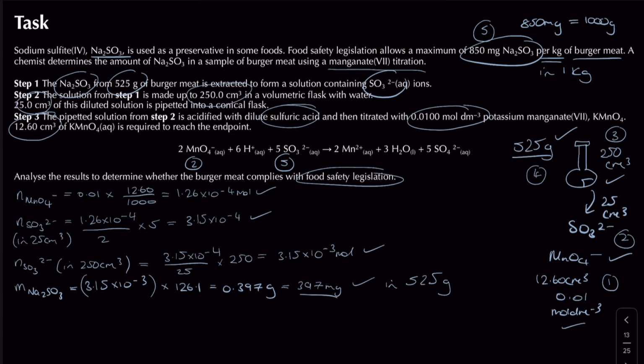Now, if I were to find the actual mass value of sodium sulfite in 1 kg or 1,000 grams of bergamot, what I need to do, as I mentioned, is you've got 397 milligrams in 525 grams, so I'm going to divide that by 525, and that's going to give me the milligrams of sodium sulfite in 1 gram of bergamot, and then I'm going to times it by 1,000 to get the milligrams in 1,000 grams or 1 kilogram of bergamot itself.